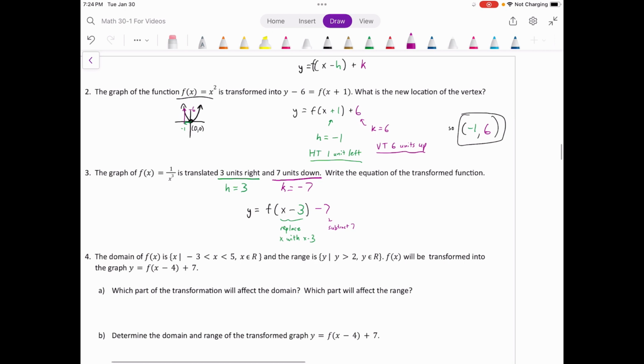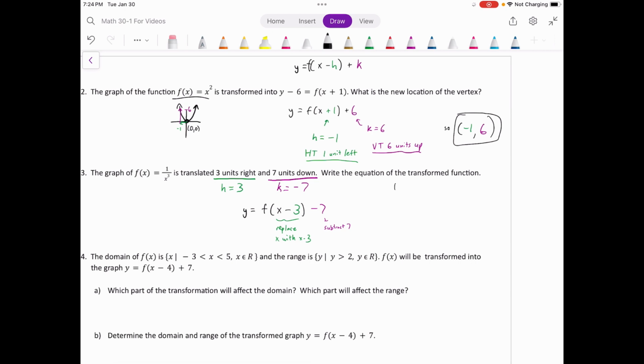So let's do that one step at a time. We know that f of x equals 1 over x cubed. So what's f of x minus 3? Well, wherever I see an x, I'm going to put in x minus 3. So 1 over x minus 3 cubed. But we didn't just want f of x minus 3. We wanted f of x minus 3, minus 7.